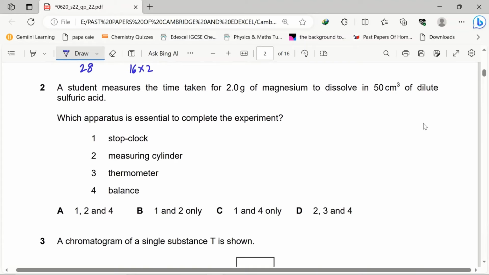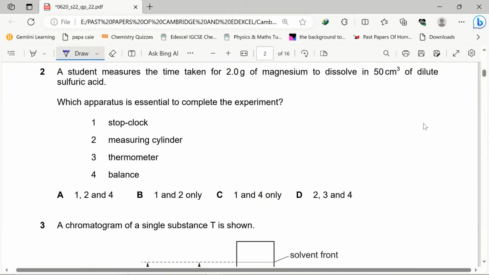Question number 2. A student measures the time taken for 2 grams of magnesium to dissolve in 50 cm cube dilute sulfuric acid. Which apparatus is essential to complete the experiment? So to measure the time, we need a stop clock, and to measure the mass of 2 grams of magnesium, we need a balance.